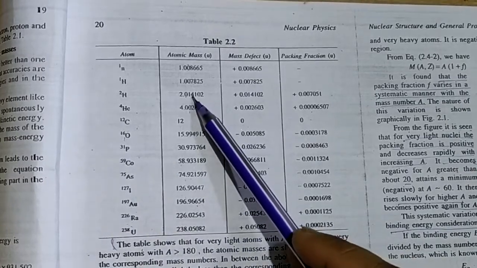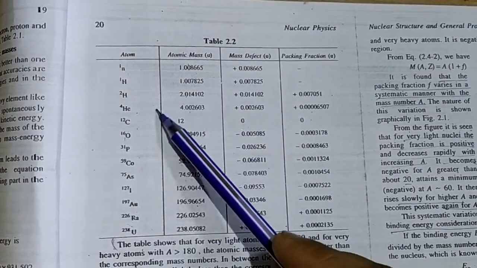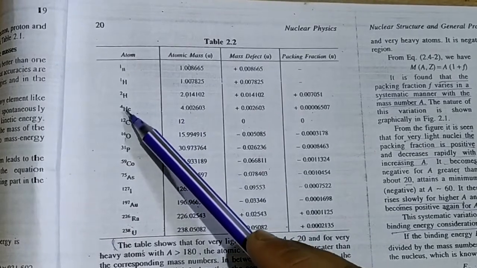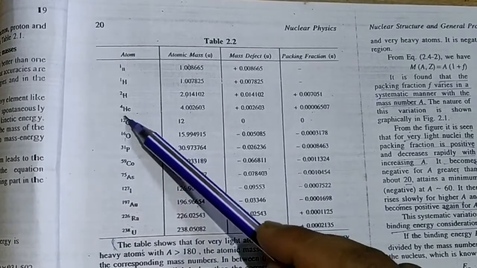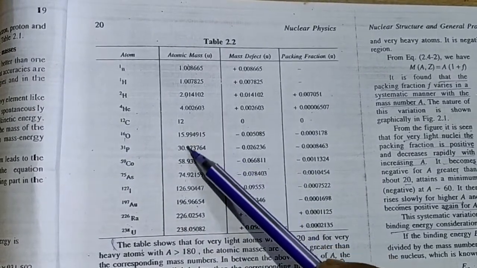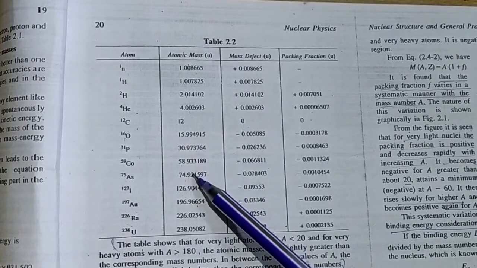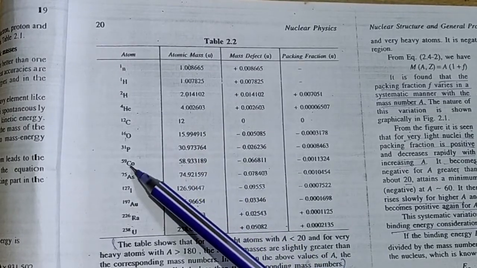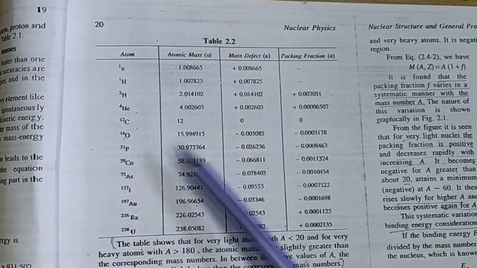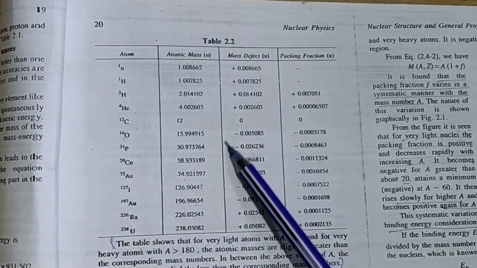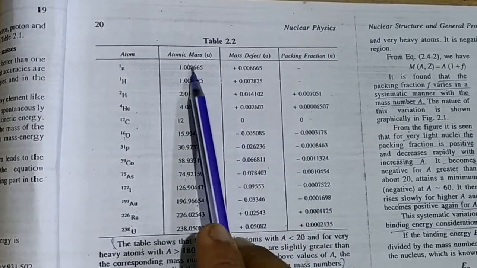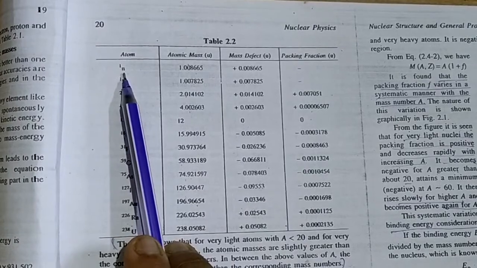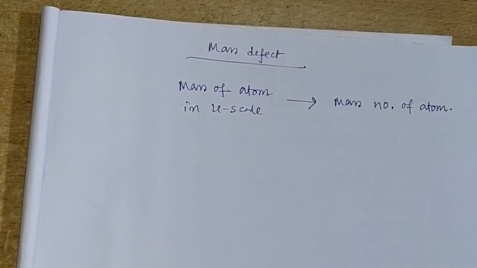But in between this range, that means mass number greater than 20 and less than 180, the atomic mass is slightly lower than the mass number, that's why here the mass defect will be negative. That means the mass defect defines the difference between the atomic mass and the corresponding mass number. Clear?